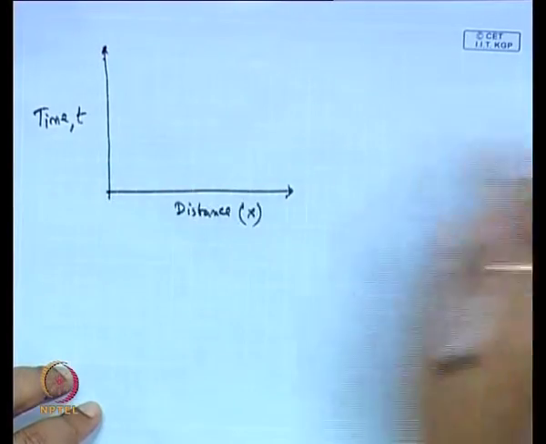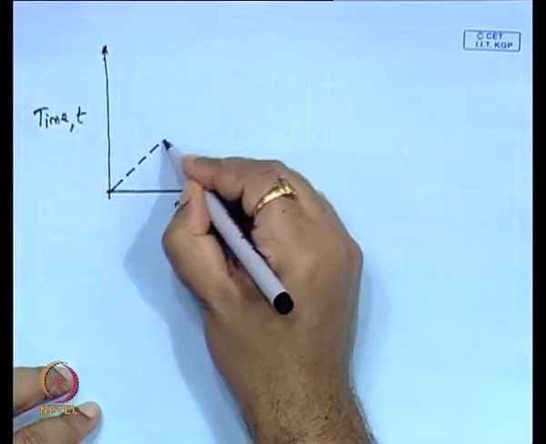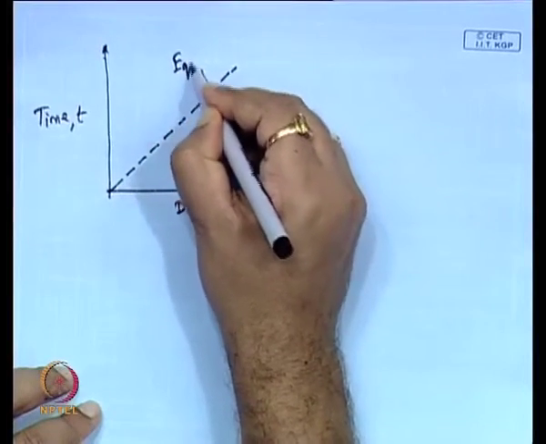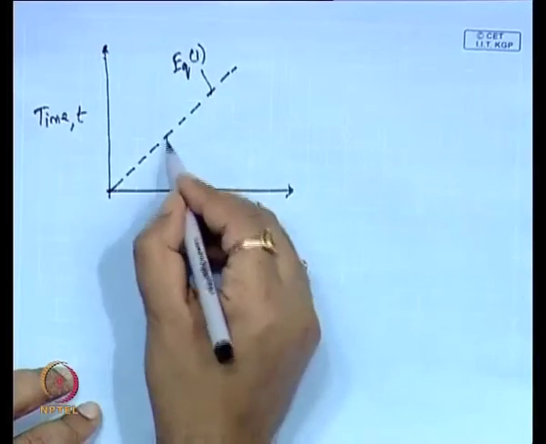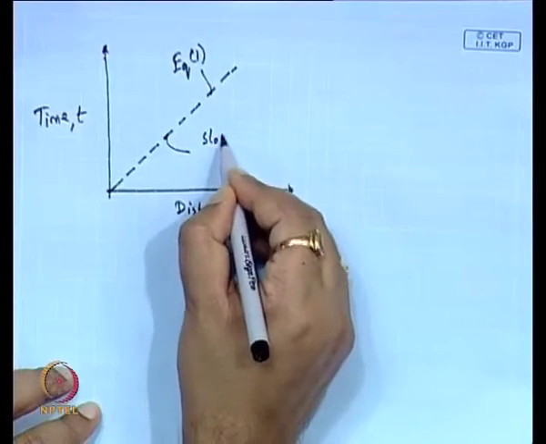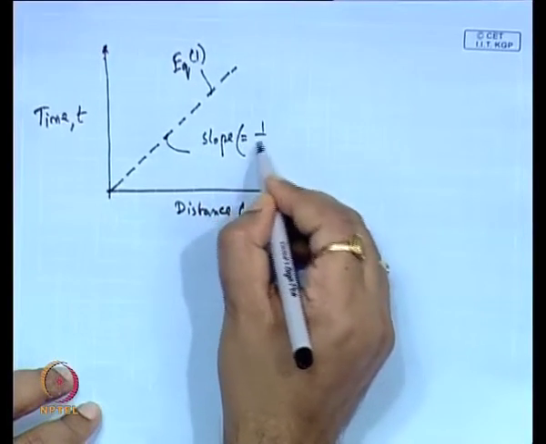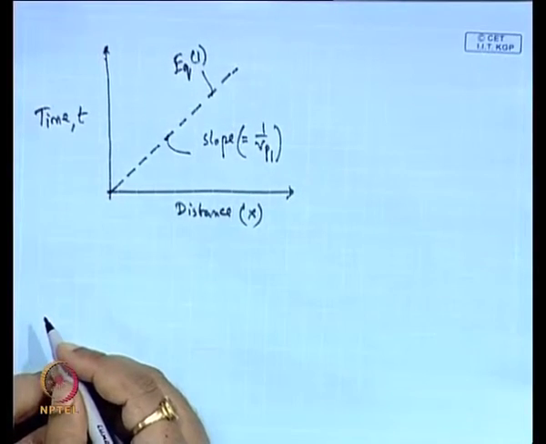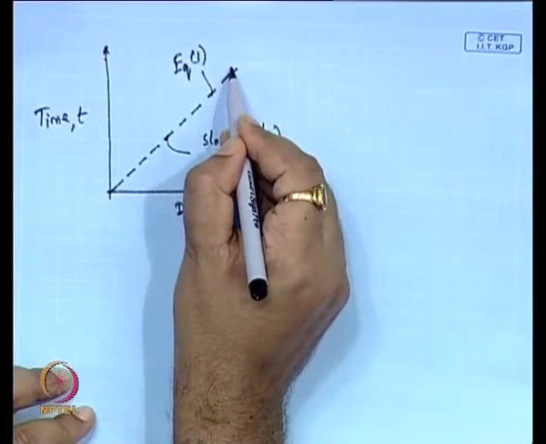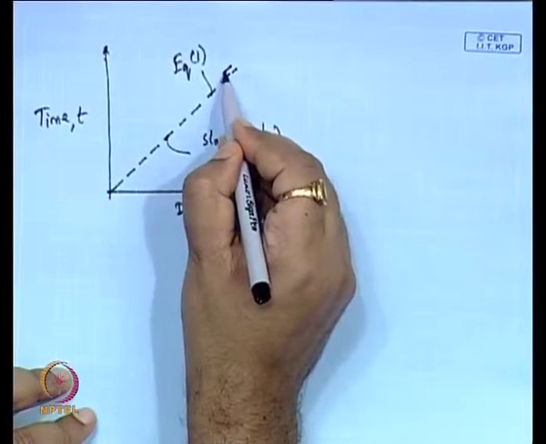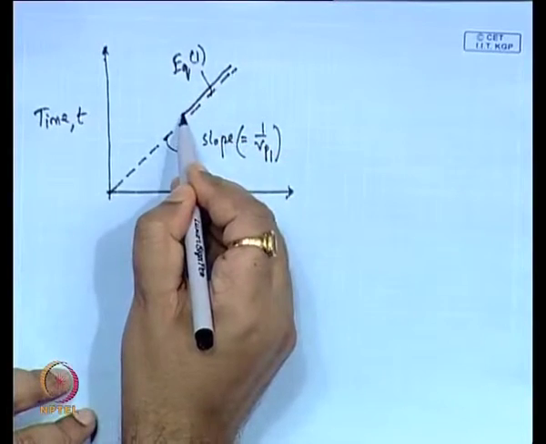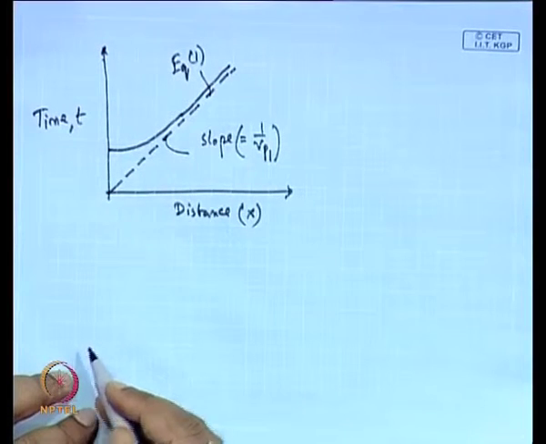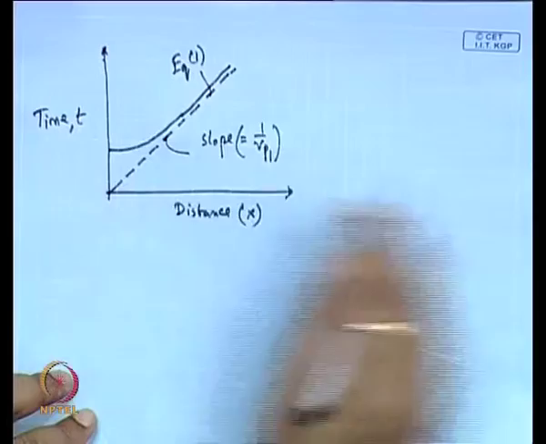So, we can draw that linear graph. This is for equation 1 and the slope of this graph will give us 1 by V p 1. Now, if I draw the graph of this second equation, it will follow this path. So, this second expression is parabolic in nature.